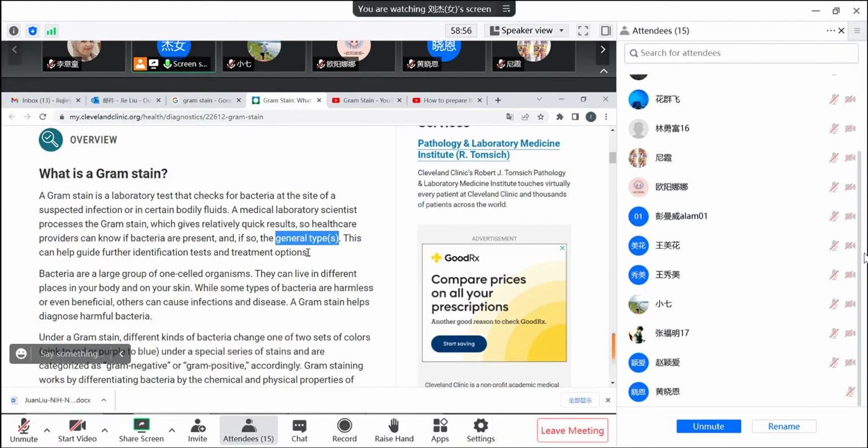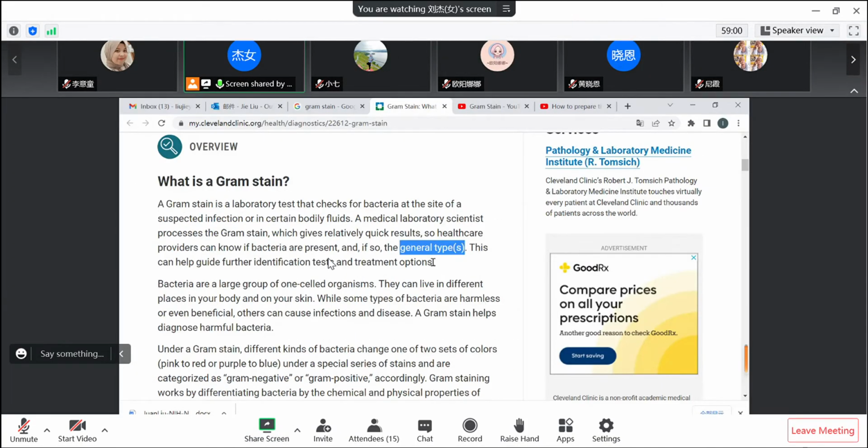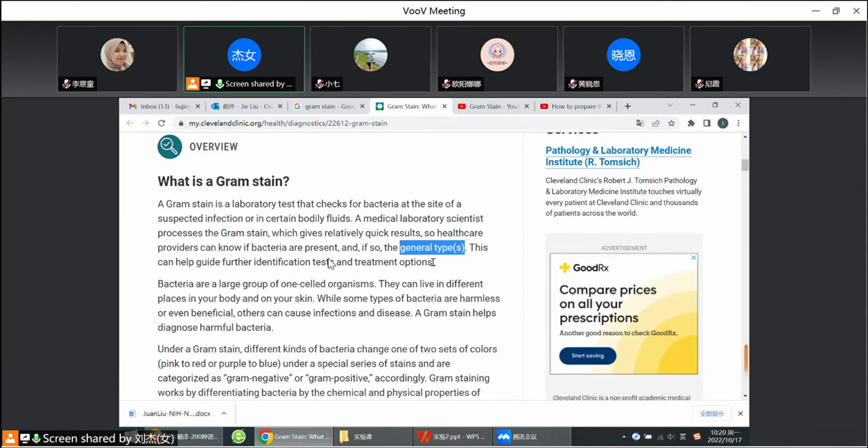Because in the lesson on cocci last week, we learned that some cocci are resistant to some kinds of antibiotics.